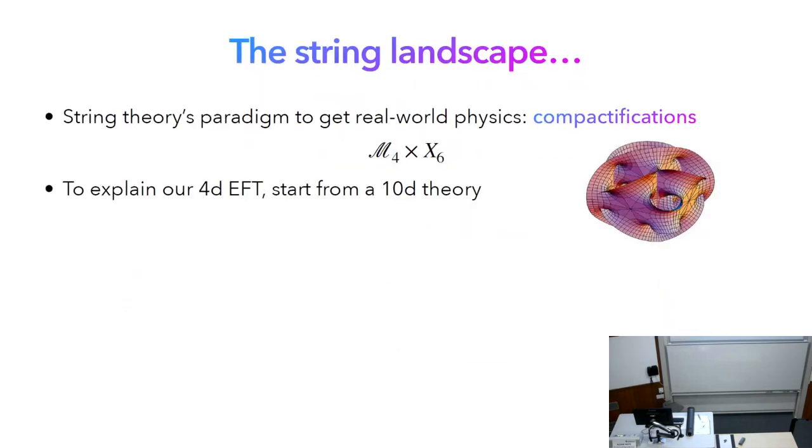We all know that the usual paradigm from string theory to get real-world physics is through compactification, right? So we assume that we live in a four-dimensional universe, but then there are 6 dimensions that are very small. To explain the four-dimensional effective field theory, we have to start from the 10-dimensional theory.